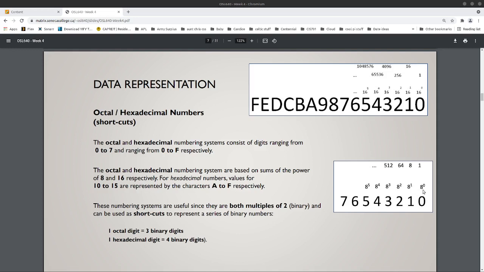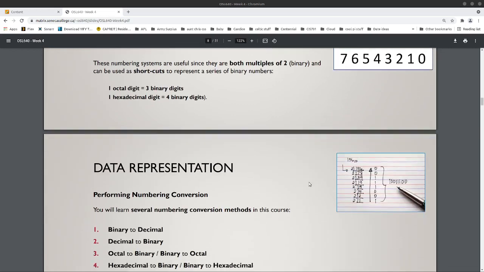We'll look at converting in a minute, but within octal we have 8 to the 0, 8 to the 1, 8 to the 2, and so on and so forth as we're counting up. Hexadecimal is kind of funny because once we pass 9, once we hit 10, we start using letters. So 0 through 9 are the same, but 10 becomes A, 11 becomes B, 12 becomes C, 13 becomes D, 14 becomes E, and 15 becomes F.